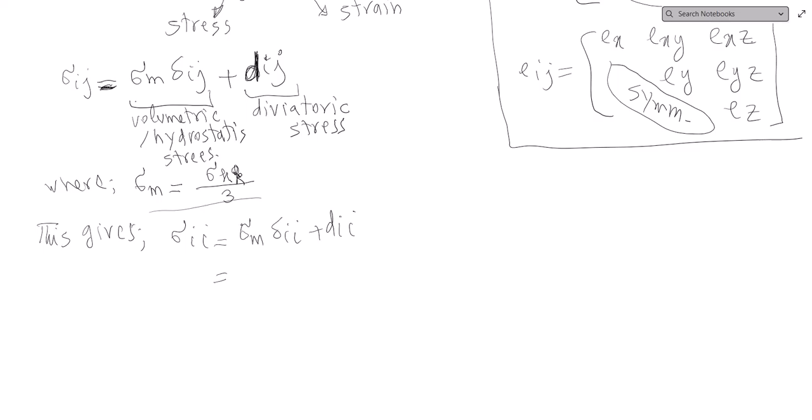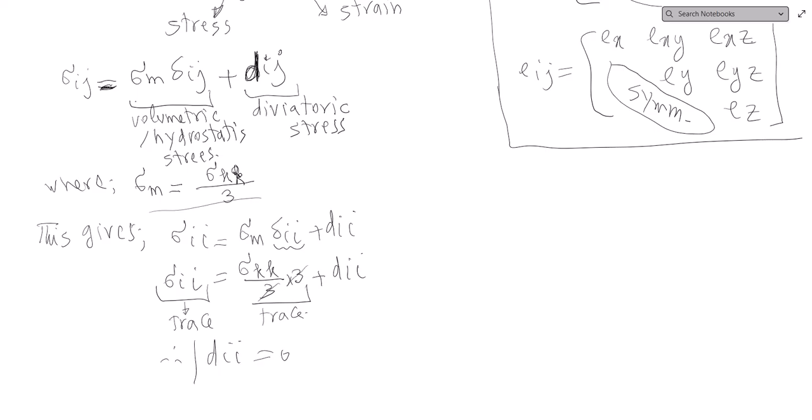But sigma m by definition is sigma kk divided by 3, and delta ii is 3, and therefore dii. These two terms are the same. You are basically, these are the trace of my stress tensor. 3 cancels out, and therefore dii is 0. What does this mean?